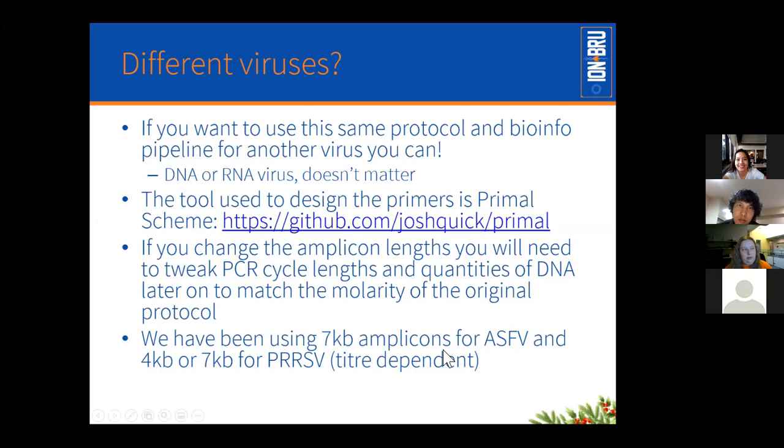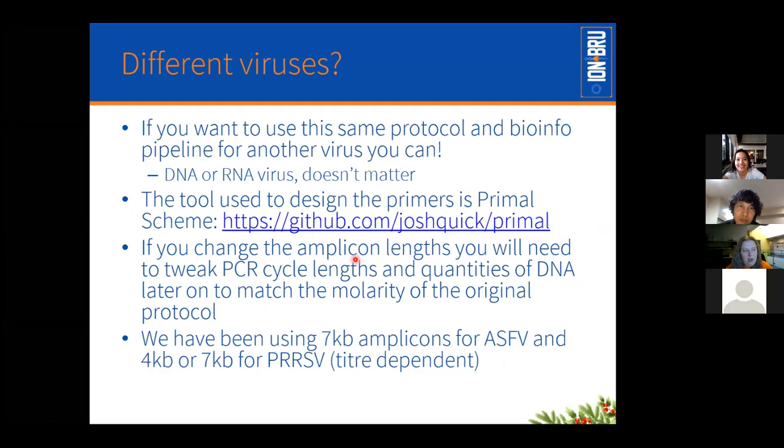If you want to do this with different viruses, it's fairly straightforward to do. This is actually what we're using for African swine fever virus and PRRS virus at the moment. If you want to design the primers, the tool is called PrimalScheme. It is available on GitHub, and there's also an online version where you can just put in your sequence alignments and it'll spit out some primers for you.